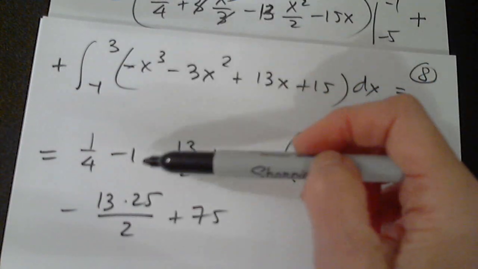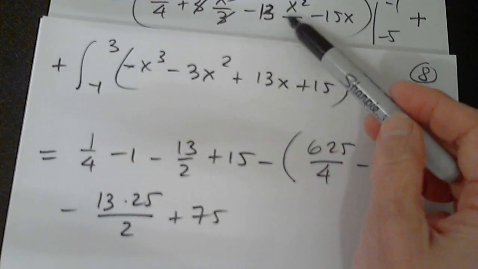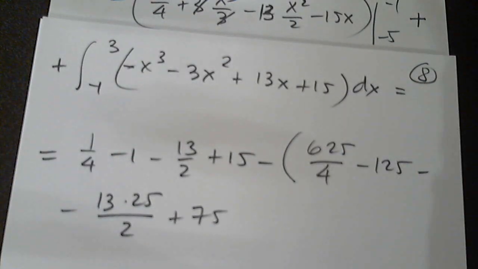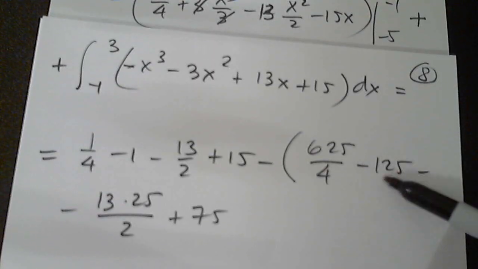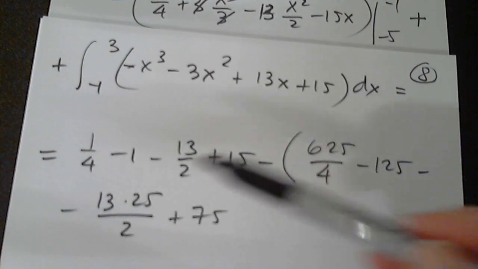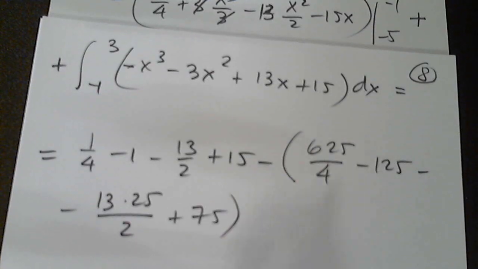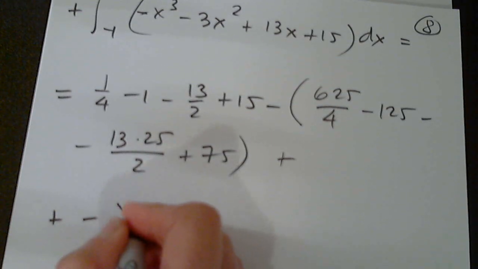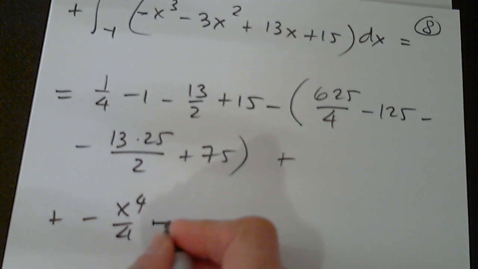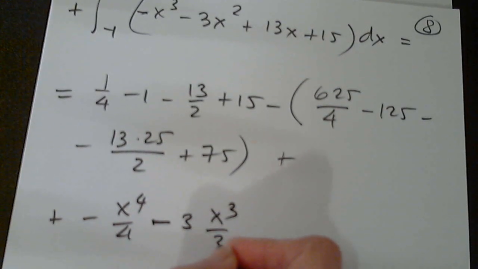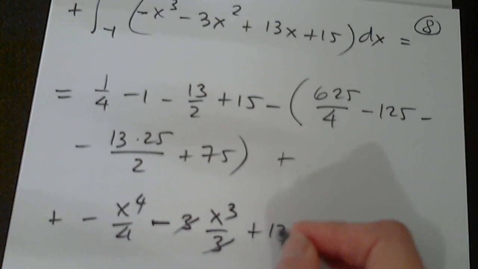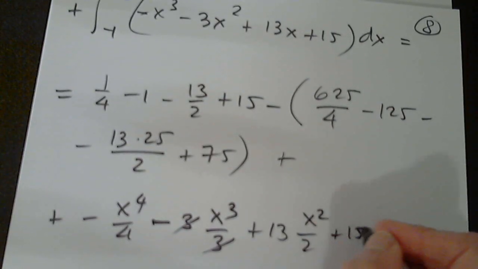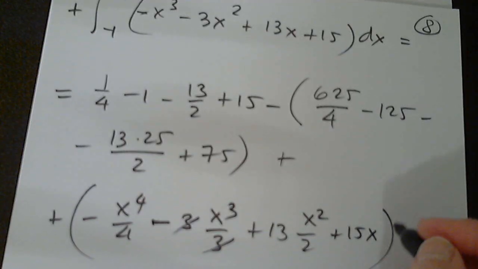Okay, one more time just to make sure. -1, yes, that's correct, minus, this is correct, this is correct, this is correct, and this is correct. Okay. Now I'm here, plus negative x to the 4 over 4 minus 3x cubed over 3 plus 13x squared over 2 plus 15x. And this is from negative 1 to 3.